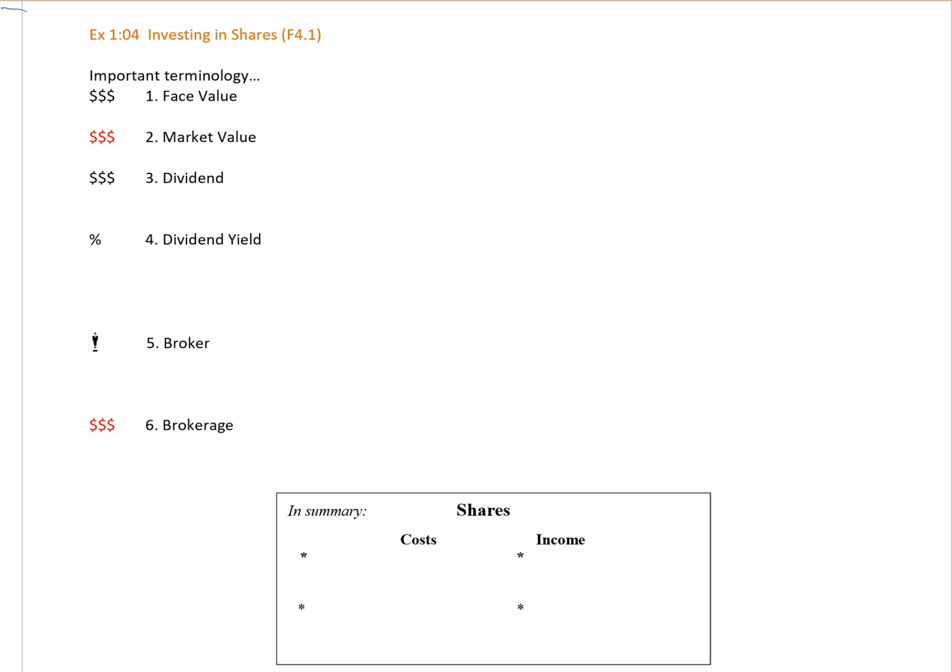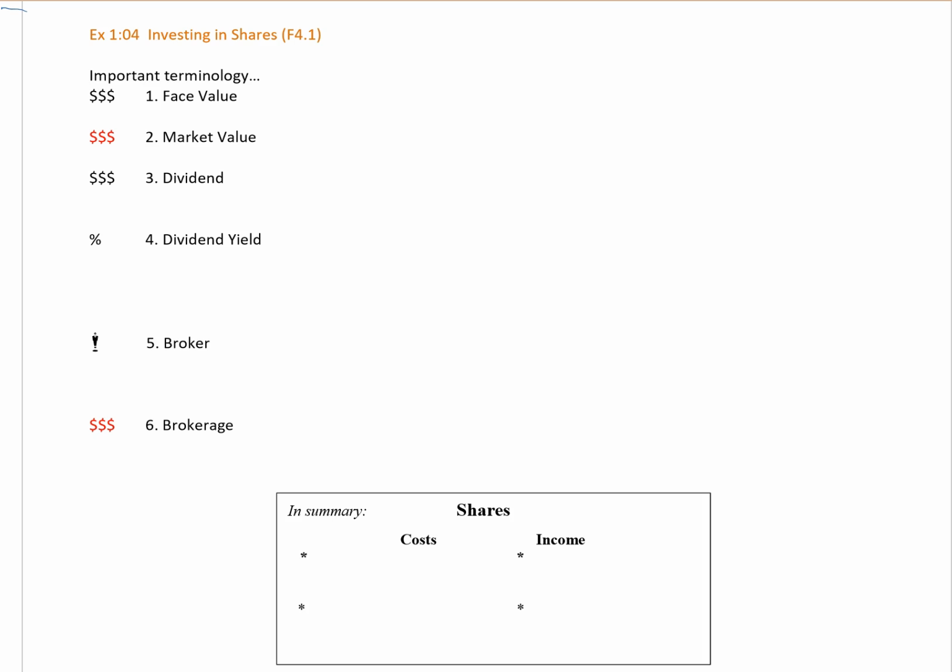Many questions ask you ultimately to determine whether there's been a profit or a loss. And in order to do that, you need to understand some terminology within the share market.